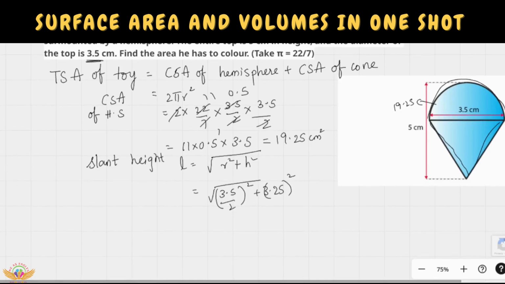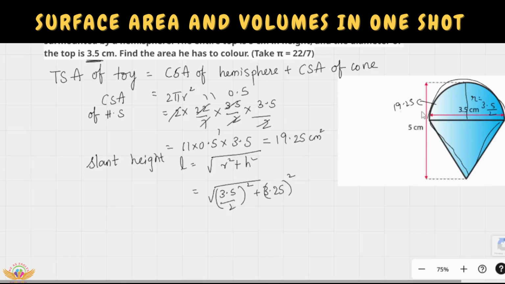Are you confused how I got this 3.25? Let me tell you. This total is 5, right? 5 minus the radius, and here it is exactly the radius r. So r is 3.5 by 2.